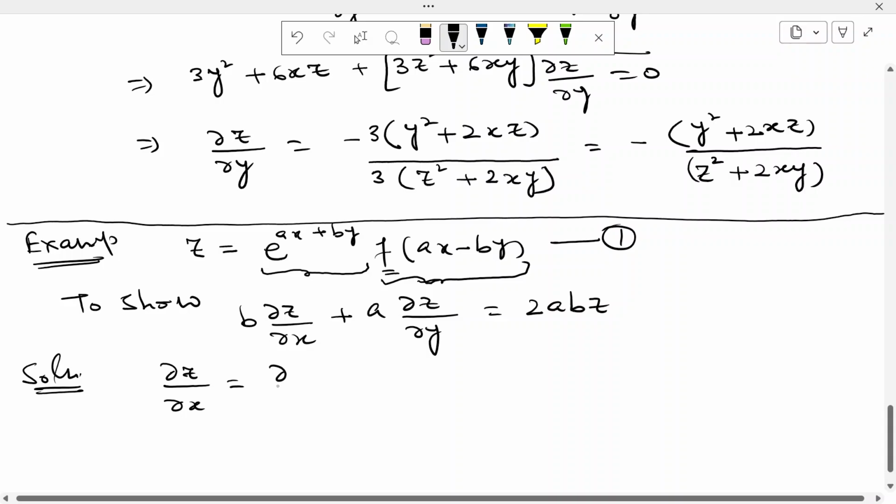So this will be del over del x of e to the power ax plus by multiplied by f of ax minus by.